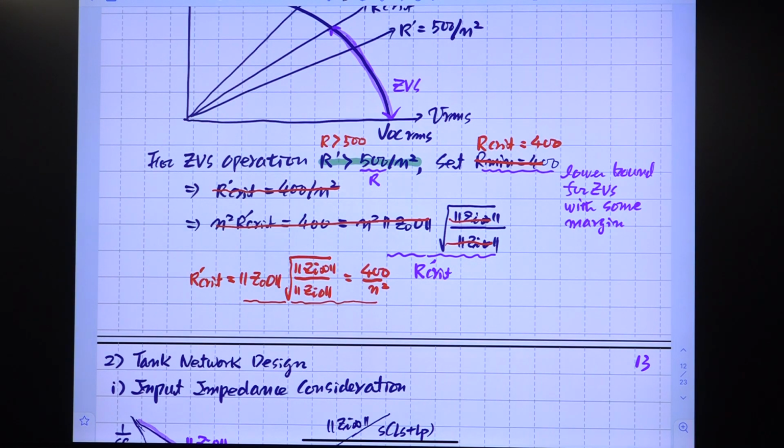So with this, we have another design equation. So with this, n squared GO0 squared times GI infinity divided by GI0 is 400.